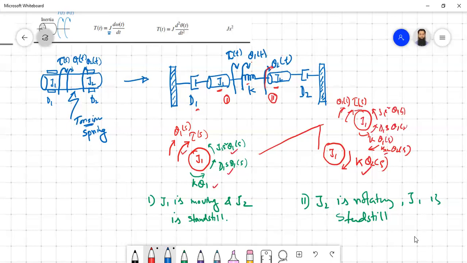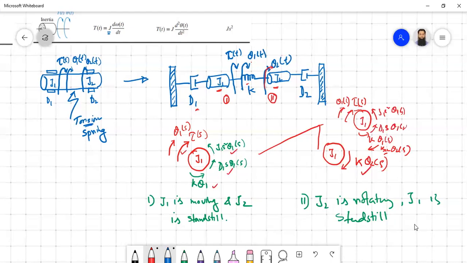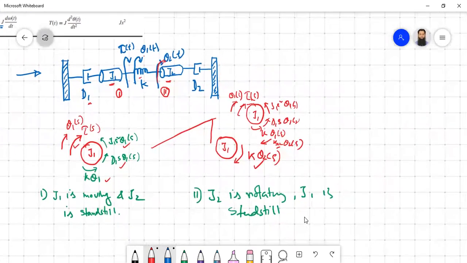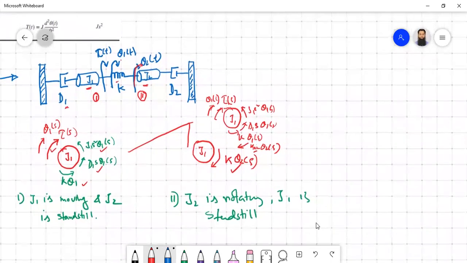So actually we could have easily avoided the free body diagram, but it is always better to know fundamentals, so that someday if you have to derive it from the basics, it doesn't become that difficult for you.